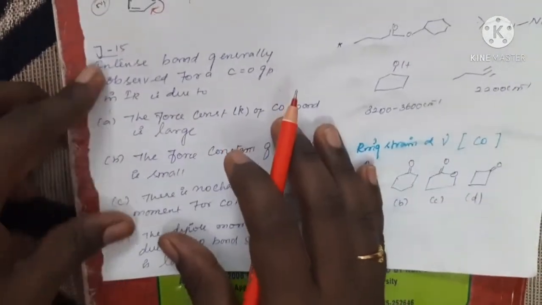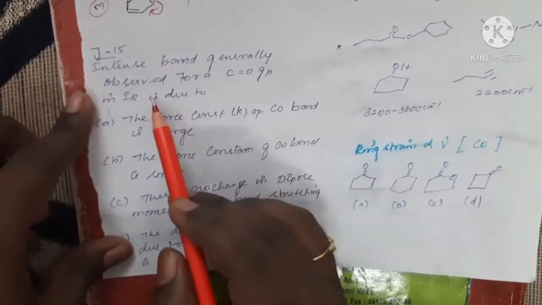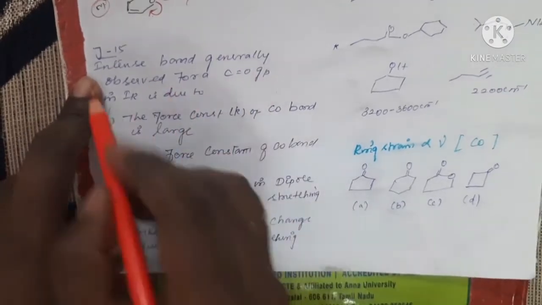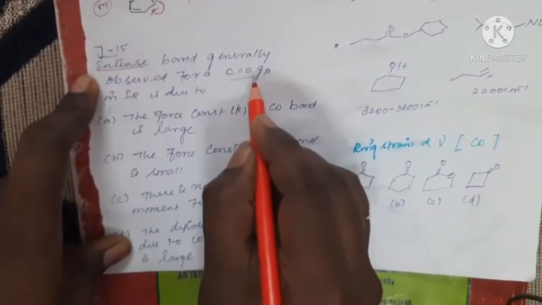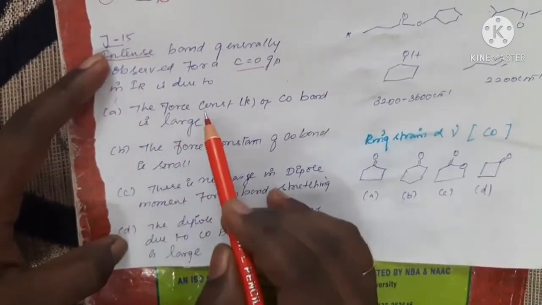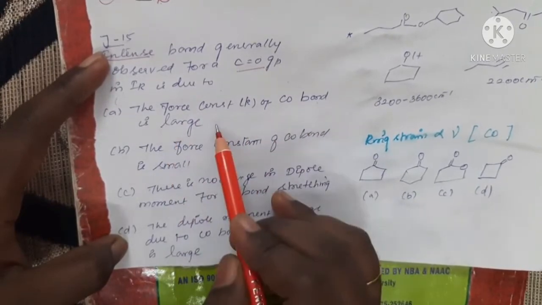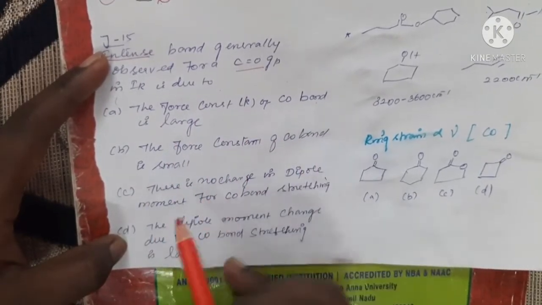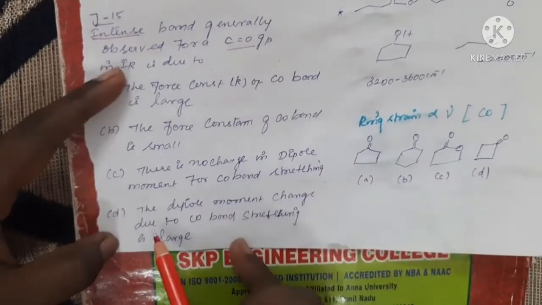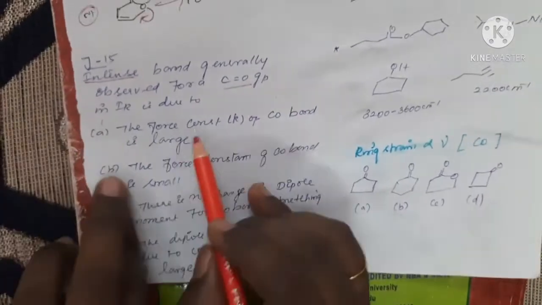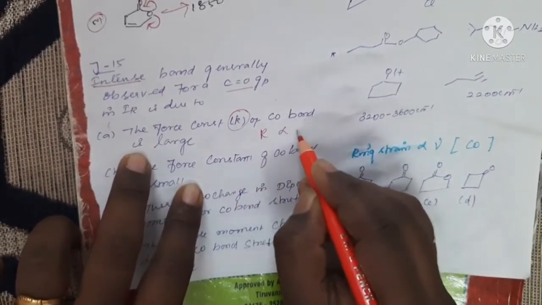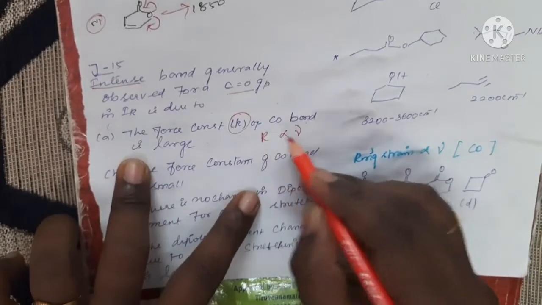Another important question: the intense band generally observed for the C double bond O group in IR is due to what? What is the reason for the intense band, the band intensity of the CO group? The reasons are listed here; how do we choose the correct one? First, the force constant K of the CO bond is larger. Second, the force constant of the CO bond is small. Third, there is no change in dipole moment for CO bond stretching. Fourth, the dipole moment change due to CO bond stretching is large. The force constant K, we already know, is directly proportional to the frequency, but it does not do anything with the intensity.